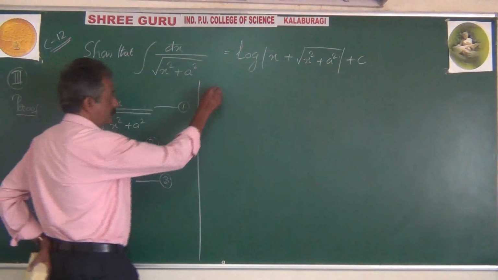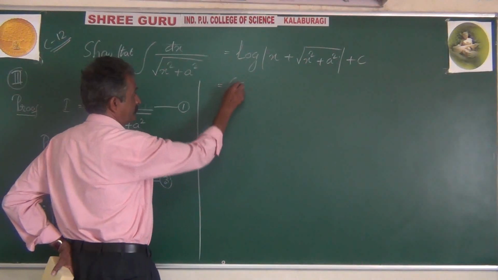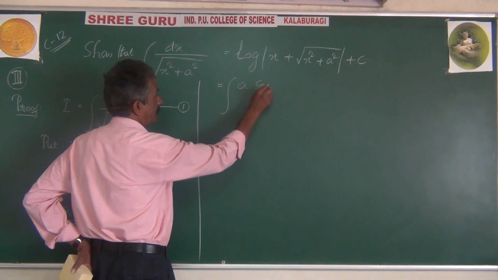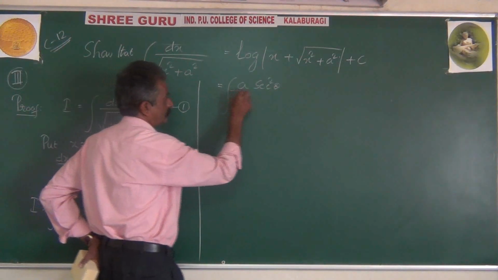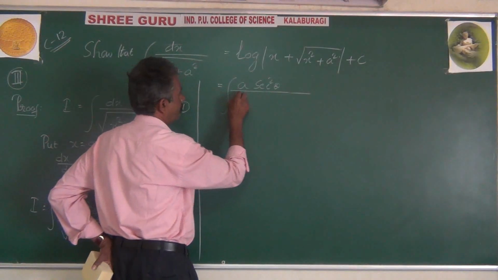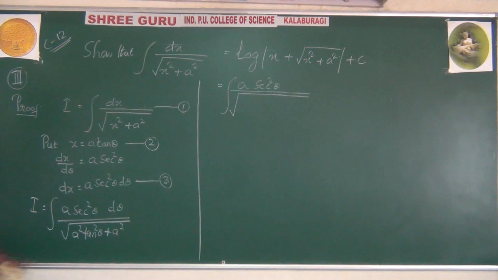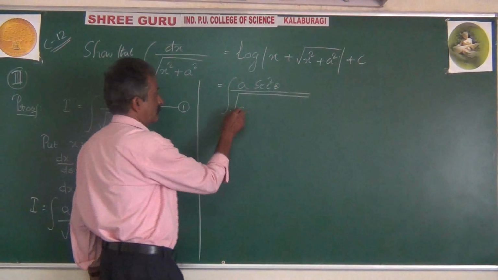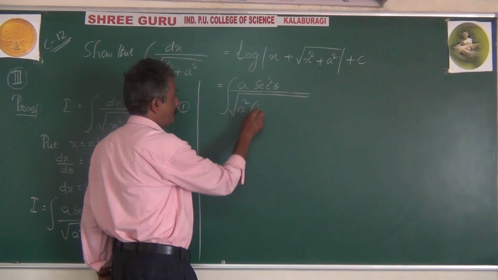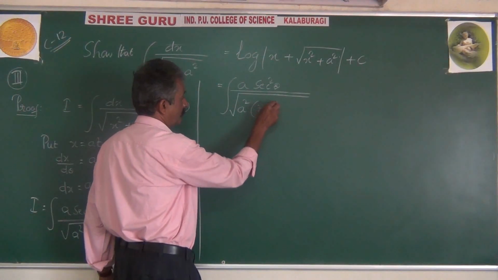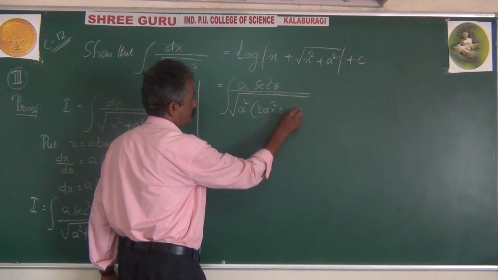Next step, integration a secant square theta divided by square root. Inside the square root, a square is common. After a square being common, left is tan square theta plus 1.